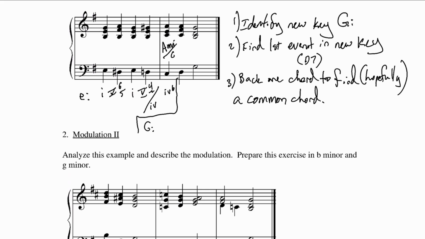And then I'm going to analyze this. Directly underneath that, I'm going to write 2, 6, because that's what A minor is in the key of G. And then following the bracket, just imagine this snaking up here, and now we're in the new key. So I'll analyze now in the key of G major, 5, 7, and 1.